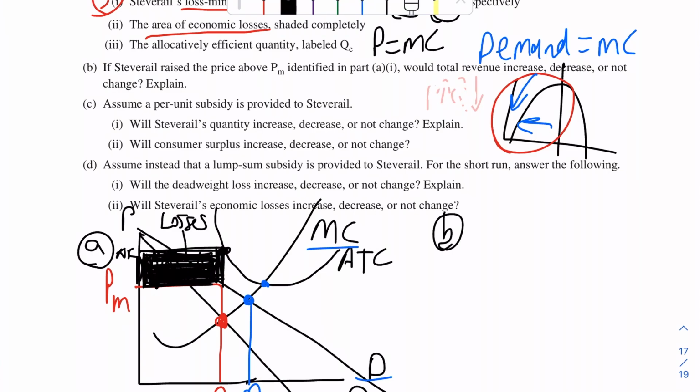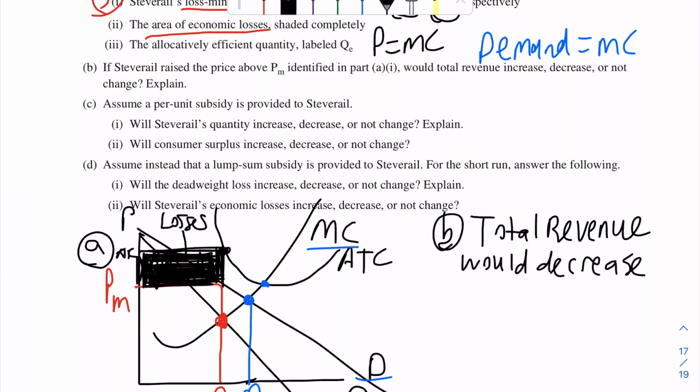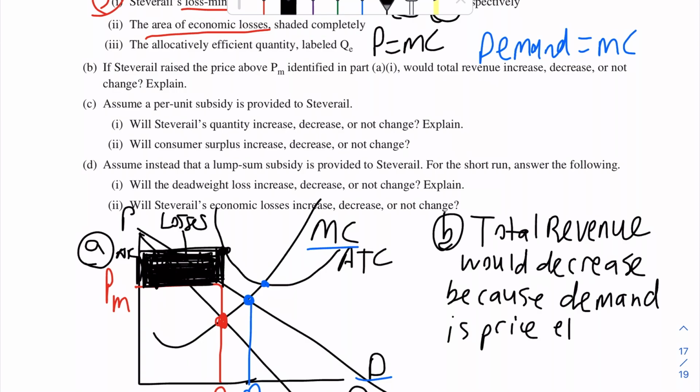So the explanation for this question would go as follows. Total revenue would decrease because demand is price elastic in that range.